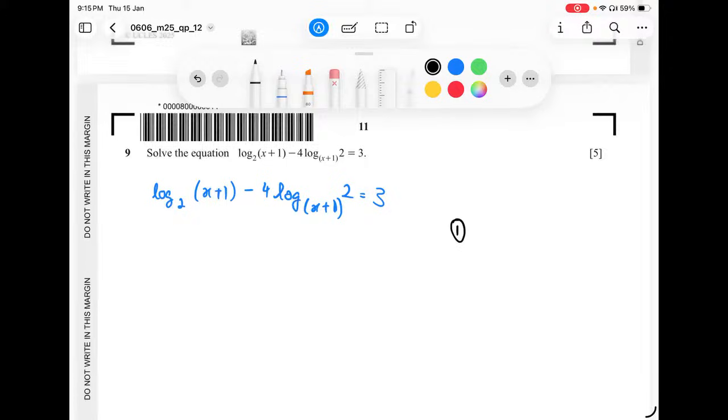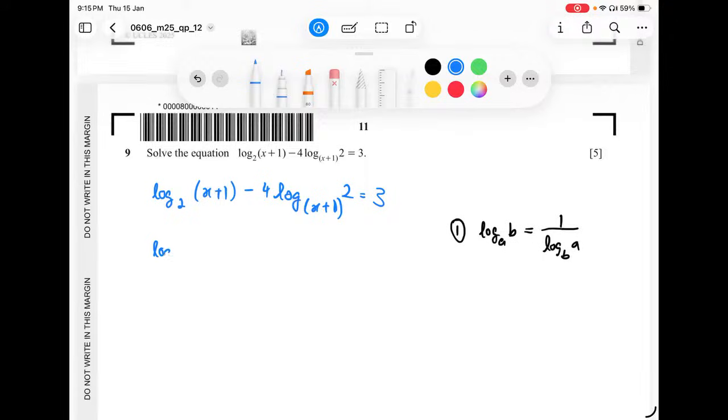The first law we'll be using is log_a b is equal to 1 over log_b a. When you reciprocate, the base and the value change.